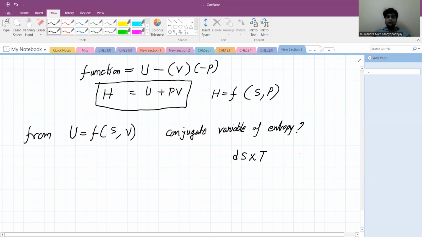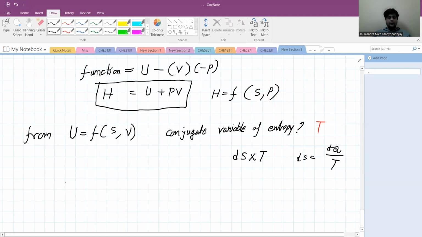You remember what was dS? It was dq by T. What is dq? dq is the heat energy. So that means energy divided by temperature is the unit of entropy. So the conjugate variable of entropy is T, as simple as that.